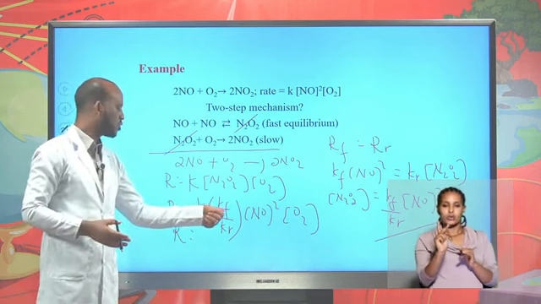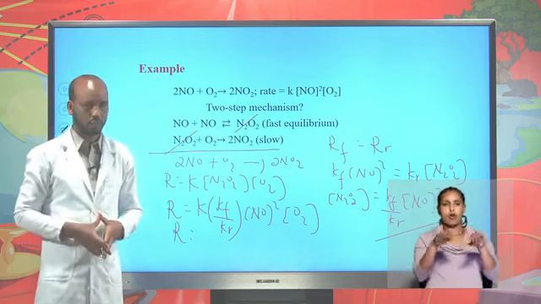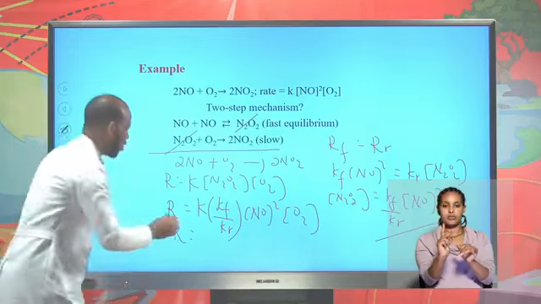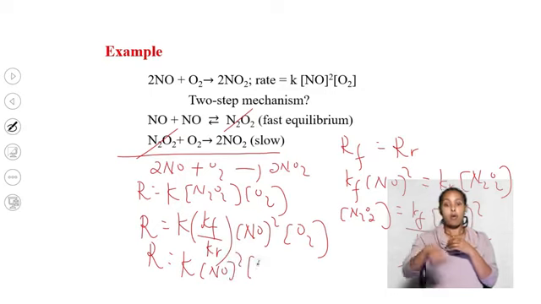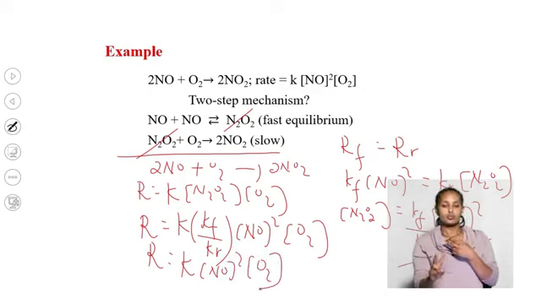Constant times constant gives the overall constant. The rate constant, k overall, times the concentration of NO to the power 2 times the concentration of O2. Now, this is the rate law for this reaction.